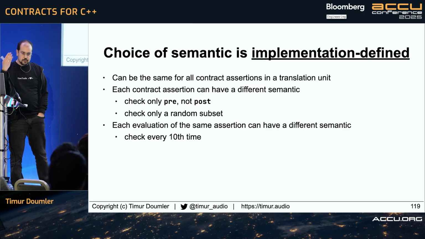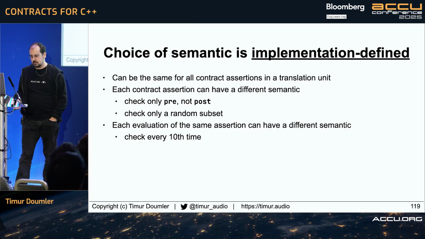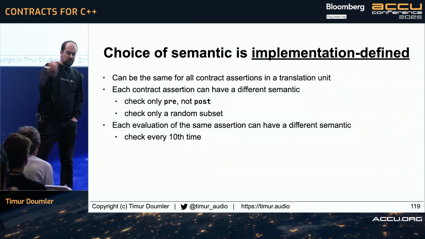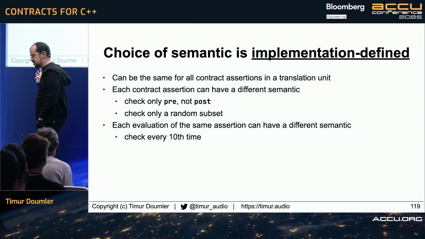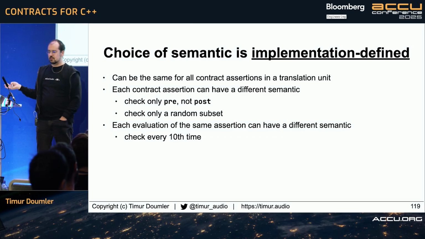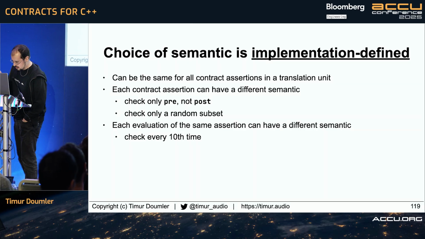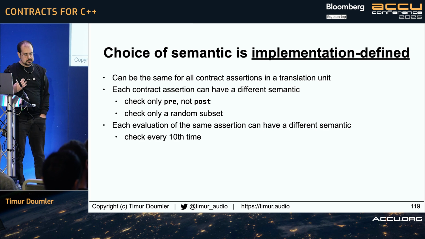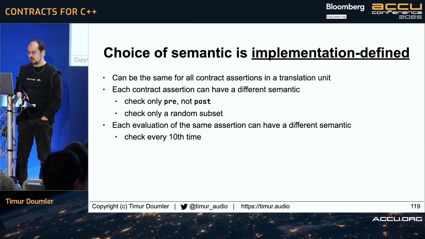So you could say, I want to check only the pre but not the postcondition assertion, or I want to check some statistically random sample. It's too expensive to check all assertions. I just want to check 10% of them, maybe every 10th, or somehow randomly distributed. I just want to do like a stochastic analysis or something. So all of these options are things that C++26 allows, so compilers can offer flags for those things.